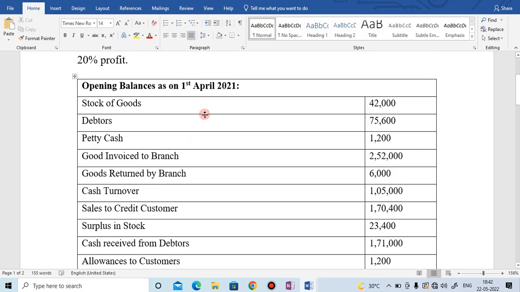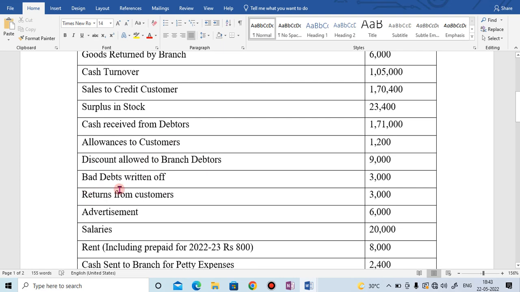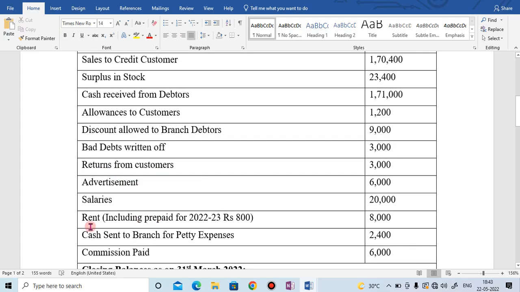Now the following particulars are given: opening balances as on 1st April 2021 of stock of goods 42,000, debtors, and petty cash; goods invoiced to branch, meaning goods sent to branch, rupees 2,52,000; goods returned by branch 6,000; cash sales; sales to credit customers; surplus; cash received from debtors; allowances to customers; discount allowed to branch debtors; bad debts; returns from customers; advertisement; salary; rent, including prepaid for 2022-2023 rupees 800, with 8,000 and the actual amount of rent being 8,000.